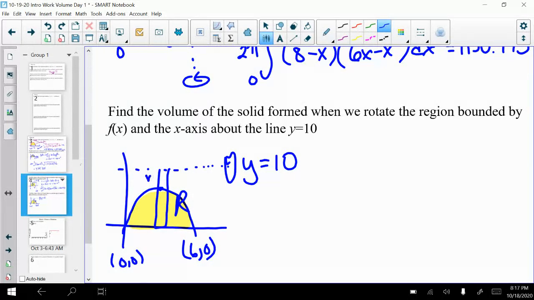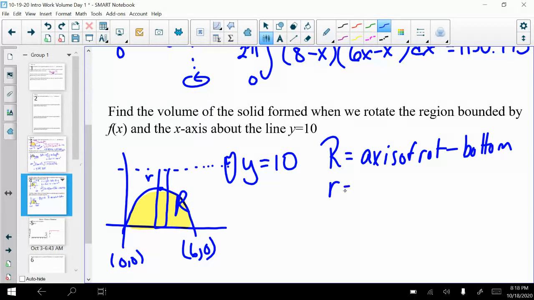This is a big R and little r situation. So big R is going to be our axis of rotation minus the bottom, in this case, because the bottom is further from our axis of rotation. And little r is going to be our axis of rotation minus the top function, right?